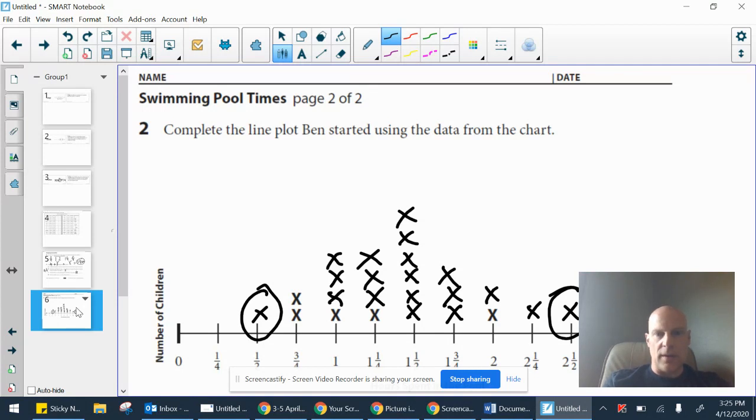So maybe what I'll do is I will just put a line through it. All right. So I'm just crossing off the highest and the lowest. So it's kind of like I'm making an asterisk or something.